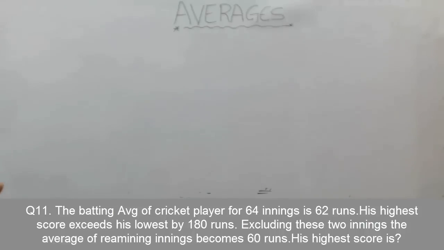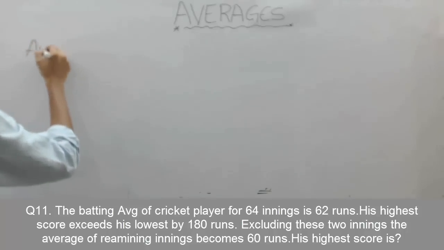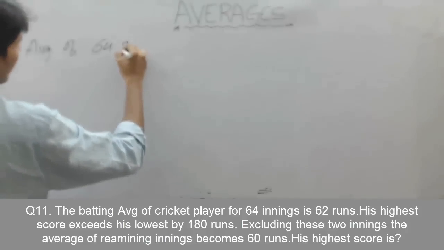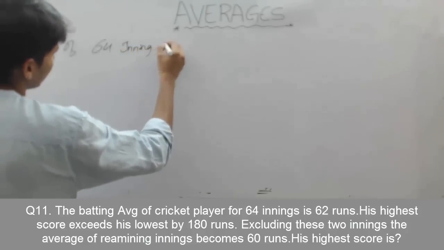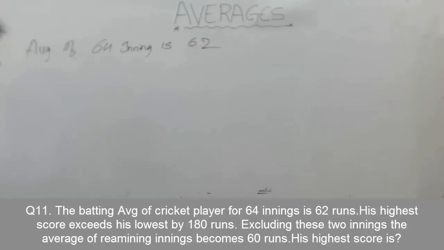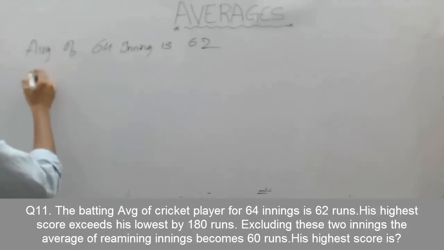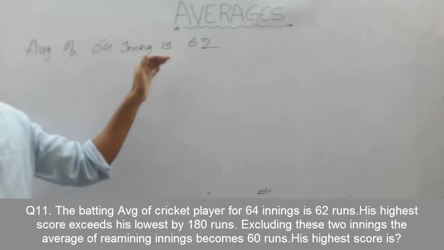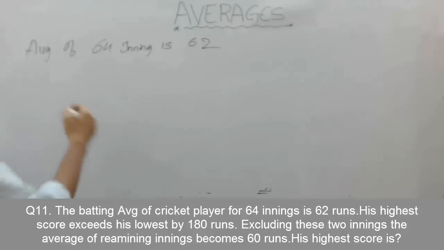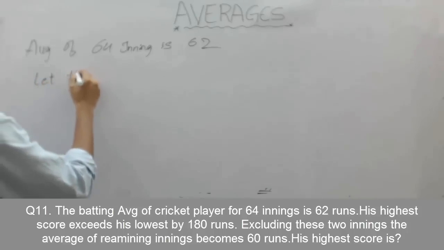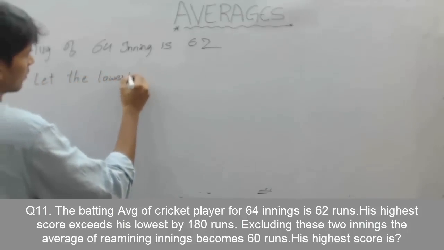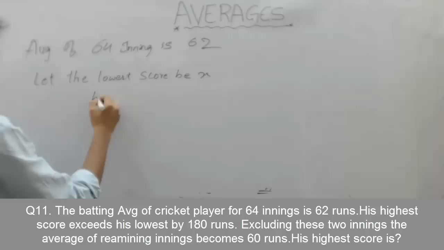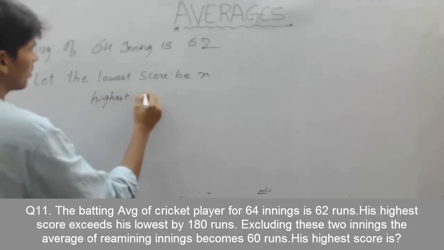So he has given that the average of a cricket player for 64 innings is 62, and also that his highest score is 180 more than his lowest score. So let the lowest score be x, then what would be the highest score?